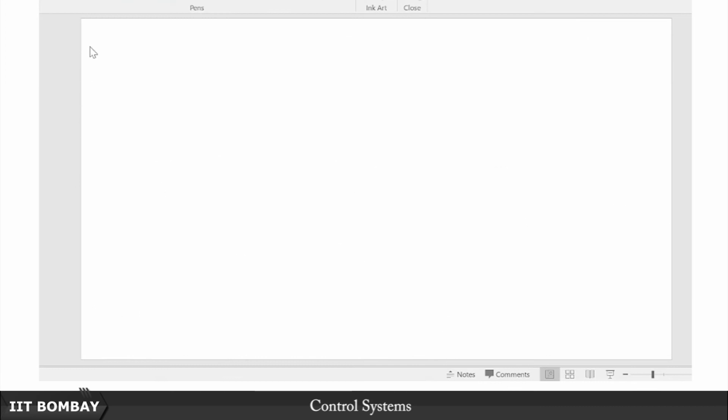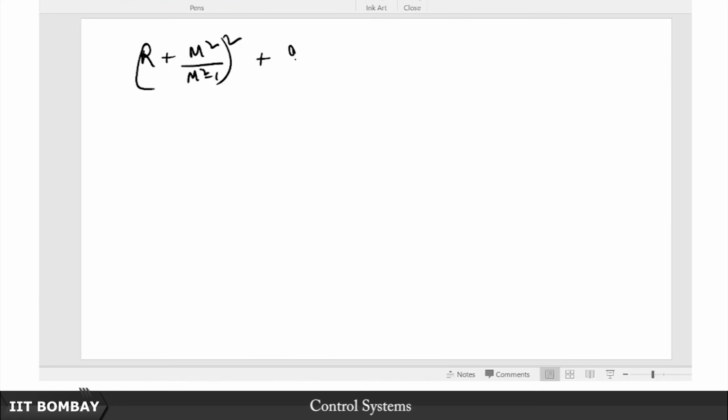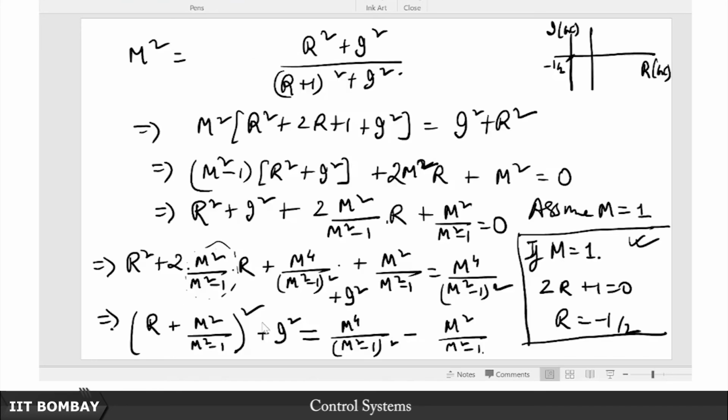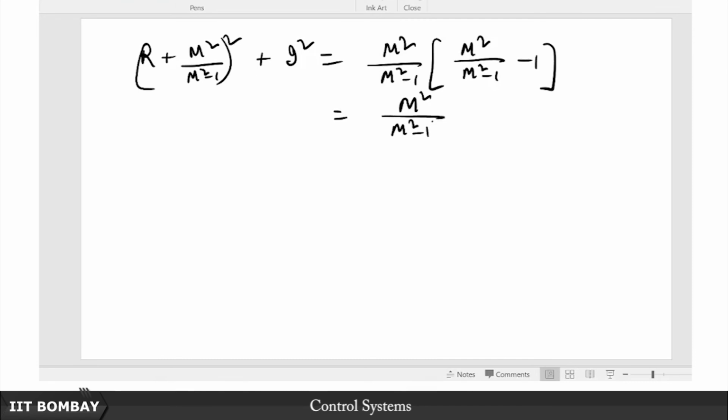Let me go to the next slide. So we have r plus m squared upon m squared minus 1 whole squared plus I squared is equal to, if I take m squared by m squared minus 1 common, then I will be left with m squared by m squared minus 1 minus 1, so that is going to give me m squared minus m squared plus 1, so it is going to give me m squared by m squared minus 1 whole squared.